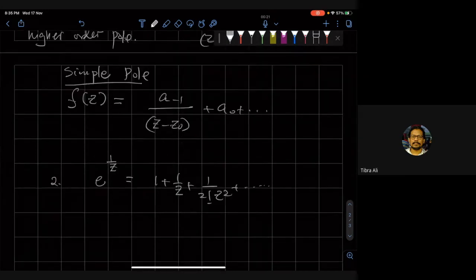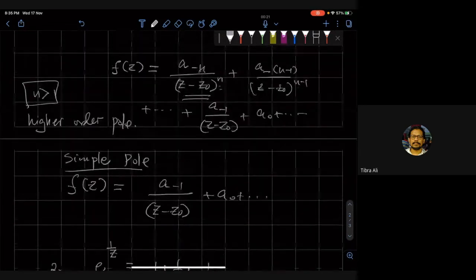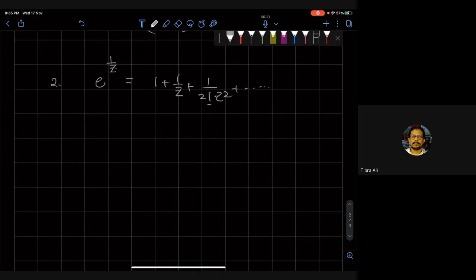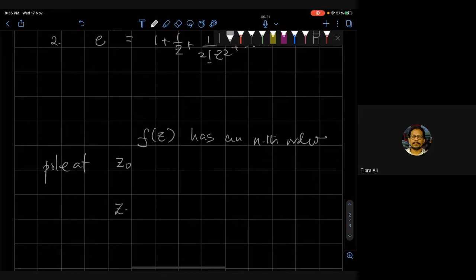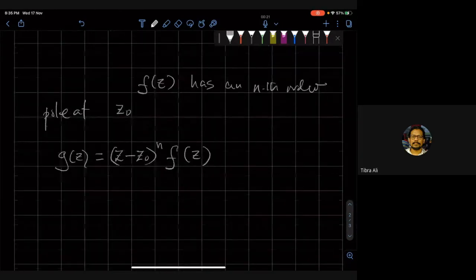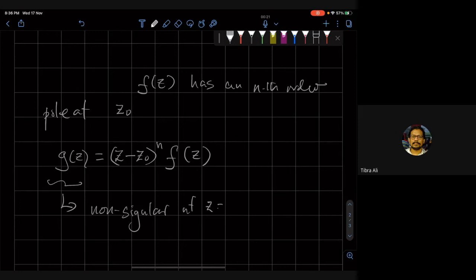This is an essential singularity because, for example, with the simple pole or the multiple pole, suppose my function f of z has a higher order pole of some order at z naught, then if I multiply this function by the appropriate factor, then I get a function which is non-singular at z equals z naught.